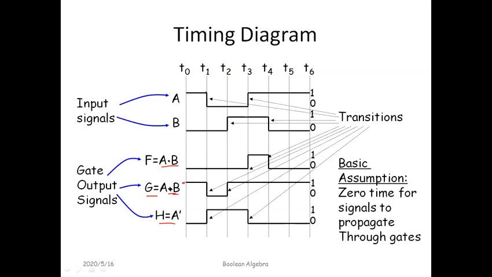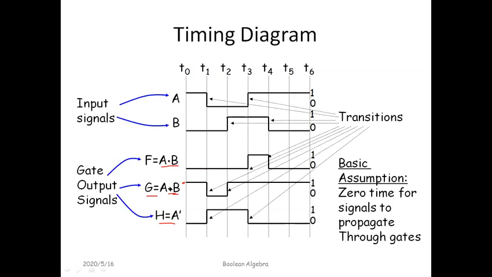Then signal A transitions from high to low at 1, meaning that from 1 to 2, signal A and signal B are both low. Because both A and B are low, G will also transition at 1 from high to low. Then at point 2, signal B transitions from low to high.